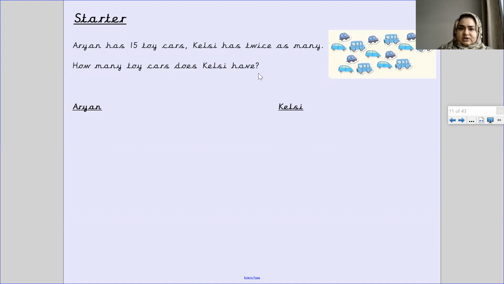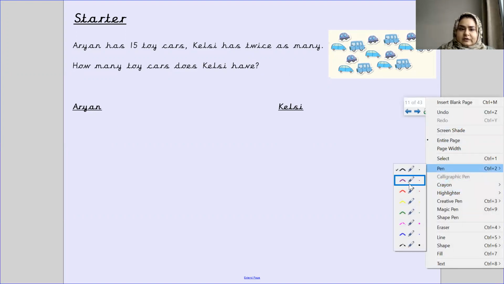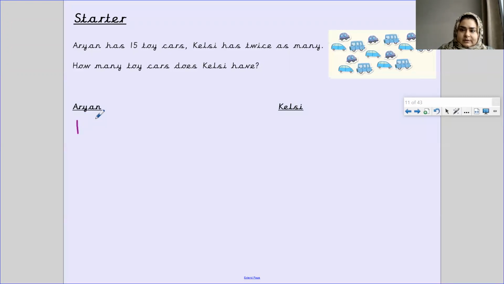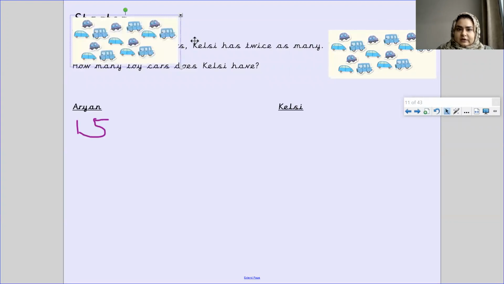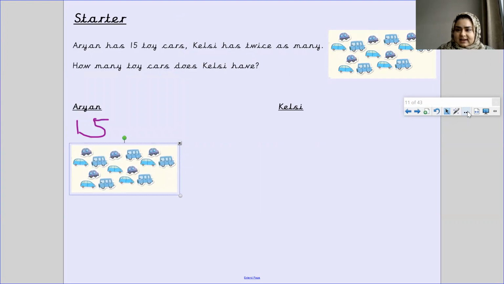So fantastic. Arian has 15 cars. And here are your 15 cars. And Kelsey has twice as many.